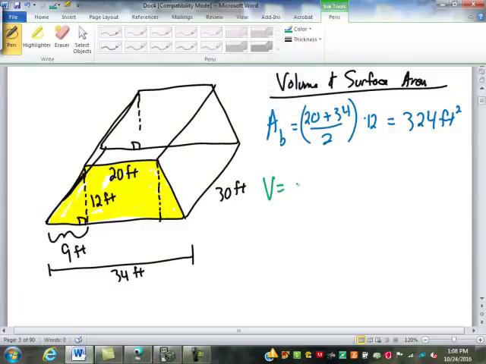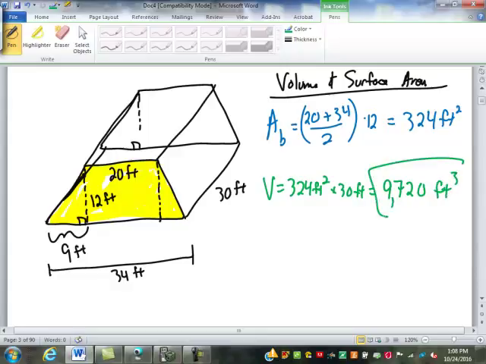Tell me how to find the volume. So 324 square feet times 30 feet, which is 9,720.